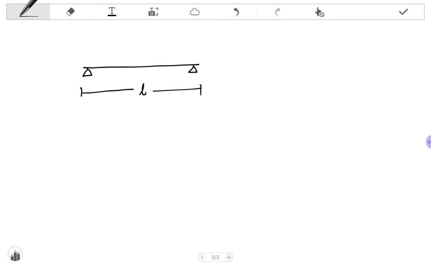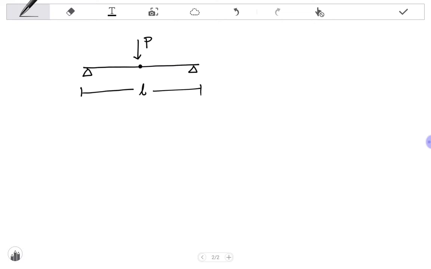Let's assume there is a unit load acting at the center of the beam. Let's give the name P to that load.